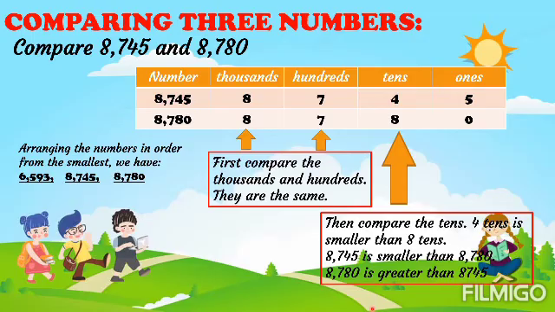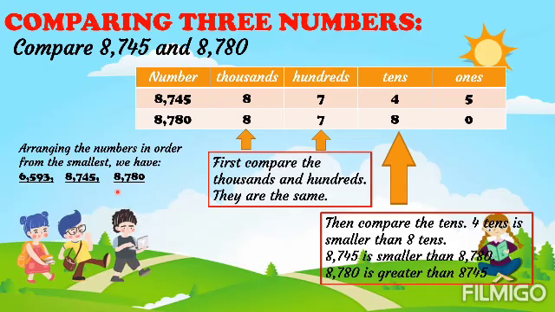So after comparing the three numbers, class, let us arrange the numbers in order from smallest to greatest. We have here the smallest, 6,593. The next one is 8,745. And the greatest number is 8,780.